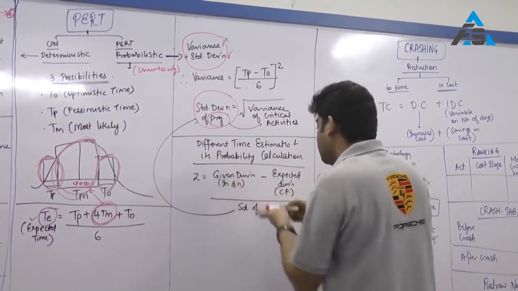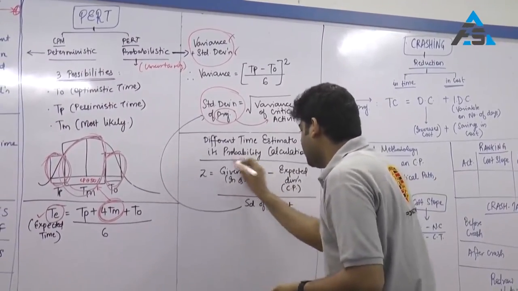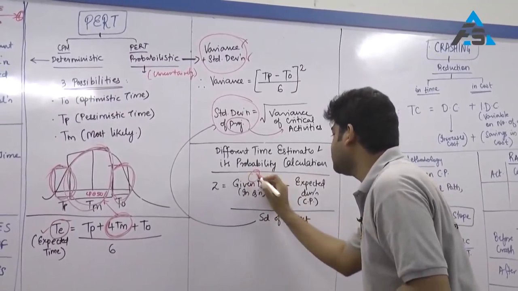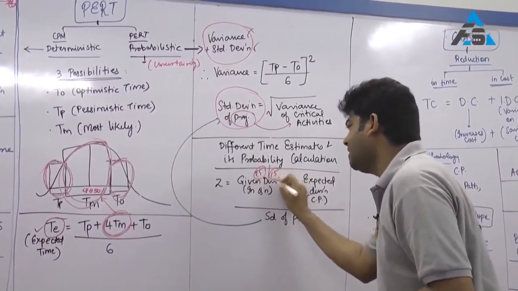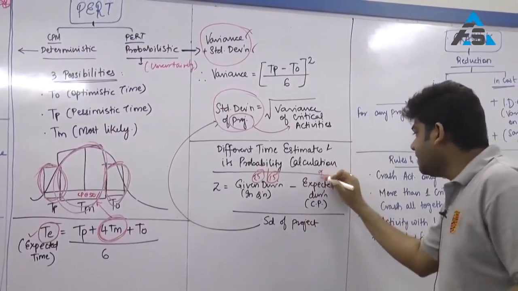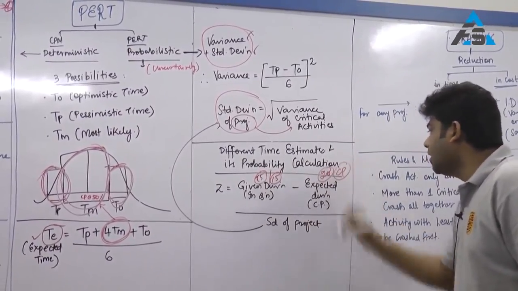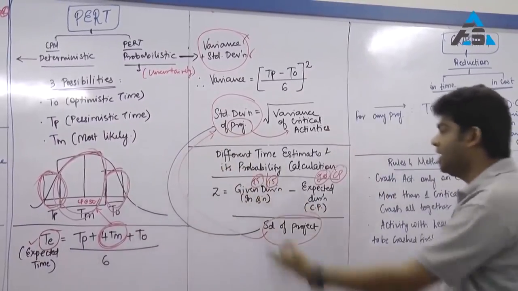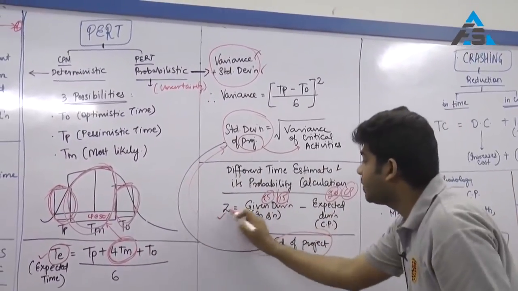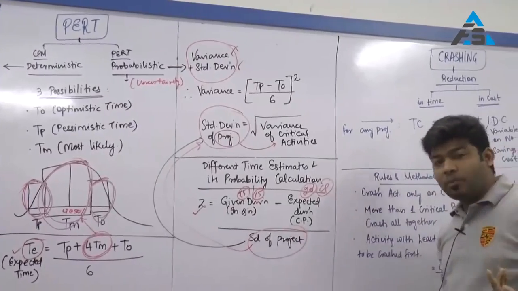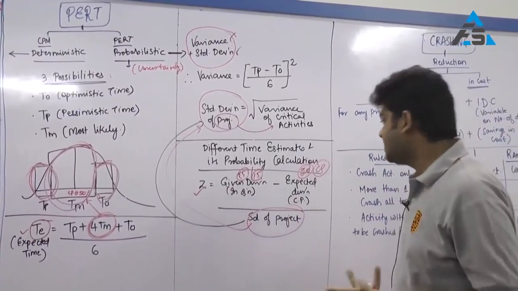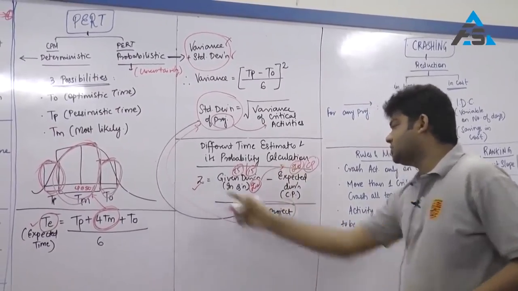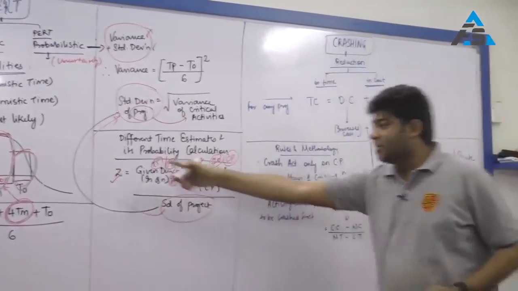Given duration, which will be given in the question, say it can be 25, 15 as the case may be, and expected duration, which is 20, which is always your critical path, and standard deviation of the project, something that we have already calculated. This will always give me the final probability, whether chances are more than 50% or less than 50%. If this given duration is 20, as per our example, the Z or probability of completion will be 50%.